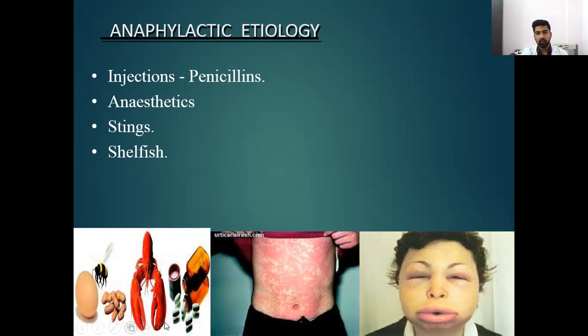In the first image they have shown bee stings, medications and some food materials that can cause anaphylaxis. The second image shows clear bruising seen in anaphylaxis. The third image shows edema of the lips and generalized swelling that occurs due to hypersensitivity reactions.